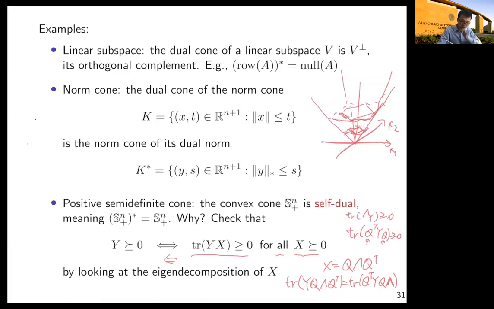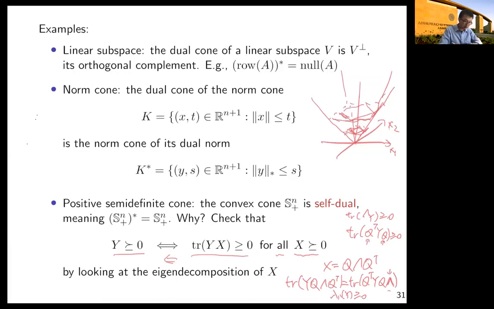We can choose several different q's, so that we end up getting this inequality for arbitrary combinations of the eigenvectors of y to be greater than 0, by simply choosing this lambda parameter to select the different eigenvalues. That allows us to show that lambda i of y is larger than 0, which checks the condition that y is positive semi-definite.